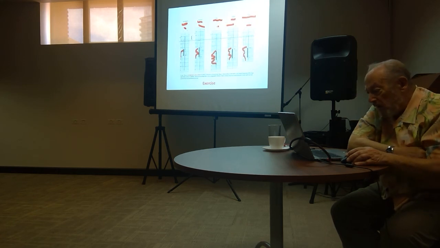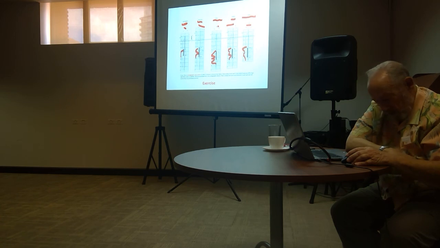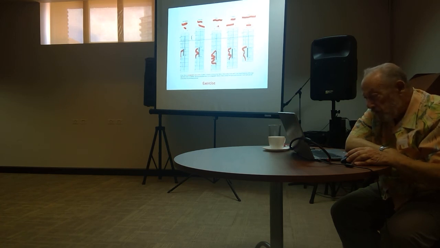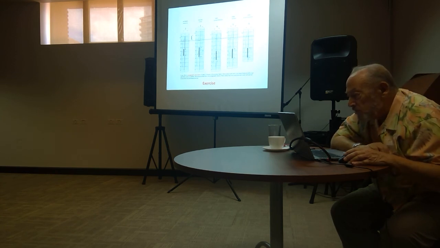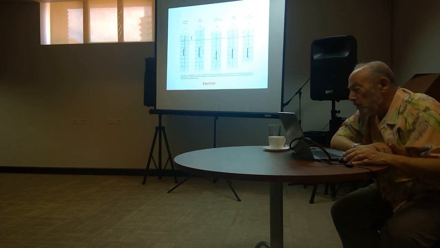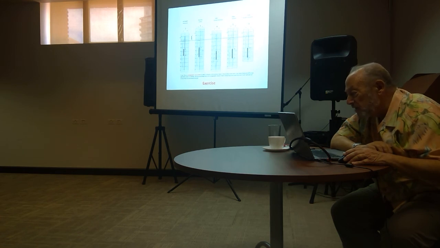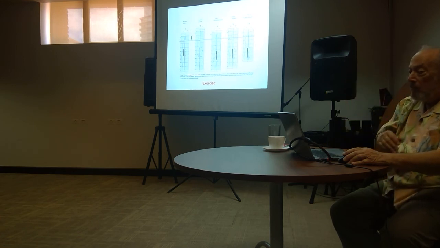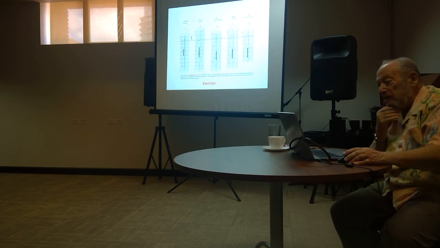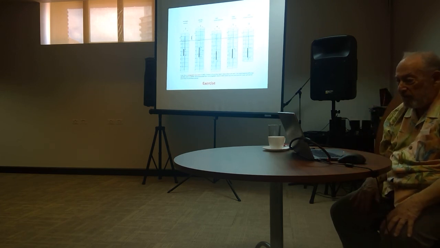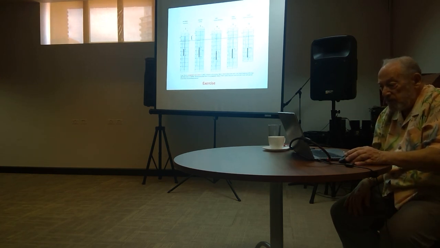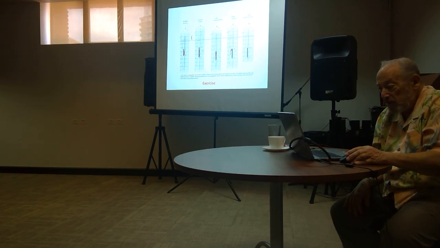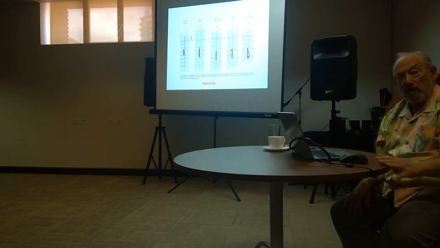So the exercise, we can start this after lunch. Uh-oh, got to put in a slide. At lunchtime I'll put in a key slide that I forgot to put in here. It's one that shows you core descriptions. Each one of these black vertical lines is where core was taken in each one of those wells.